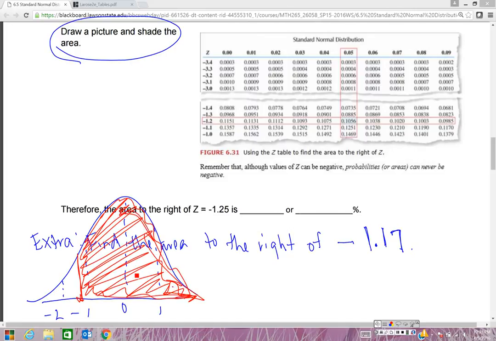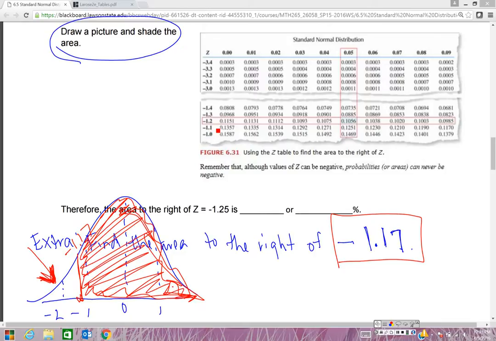Alright? So we first start with our table, but again, our dilemma, the table will only tell us the area to the left of this negative 1.17. But we need that to figure out the area to the right. So we don't get frustrated.